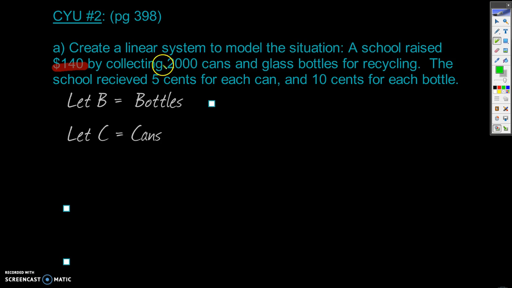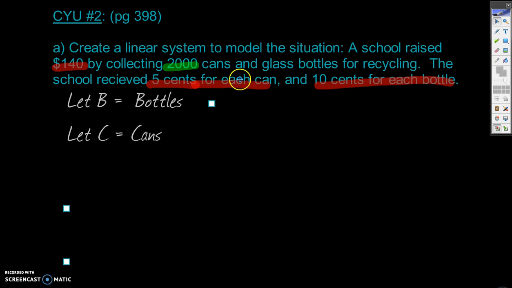We have 2,000 cans. We have another money thing here. We have 5 cents for a can, and then we have 10 cents for a bottle. So if you notice, money kind of goes with money, and what's remaining can be another equation.